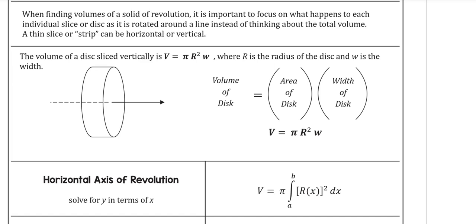So the volume is the area of the disk times the width of the disk. And our width is going to be our infinitesimal value, our dx or dy. In this case, it would be dx because it's a horizontal rotation, so it's going to be the x-axis.